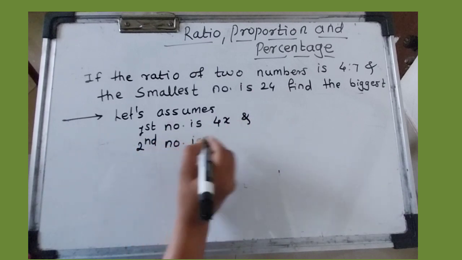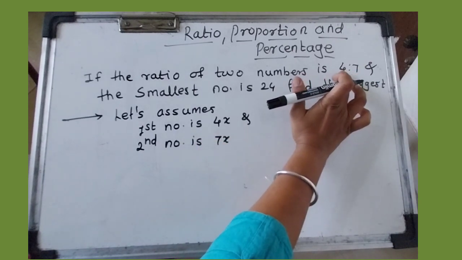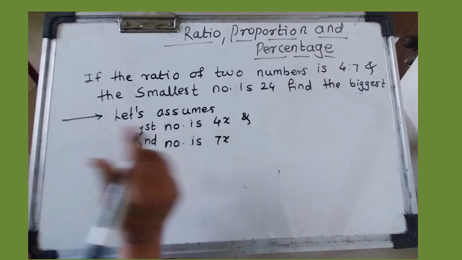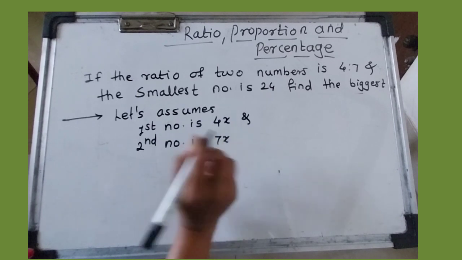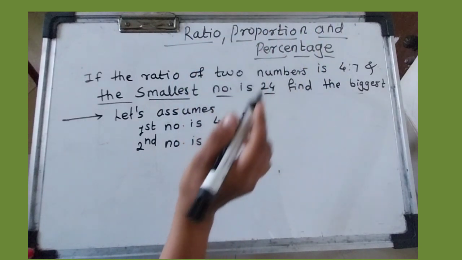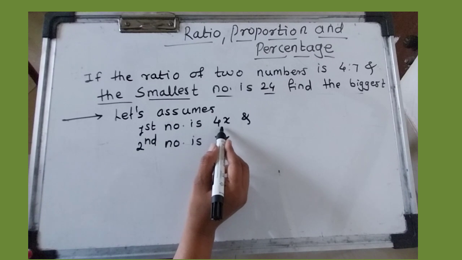Always remember, if they given ratio, just multiply it by x and assume the answer. 4x and 7x. What they given? The smallest number is 24. Obviously, which is smallest here? Smallest is 4x.